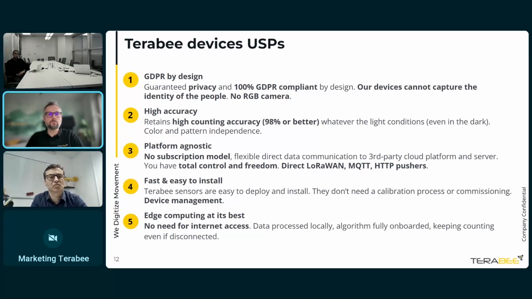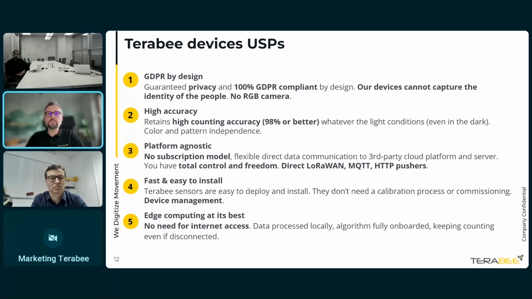So it means that we do not use any RGB cameras. Our devices cannot capture the identity of any people. We are using either the time of flight or the thermal. So basically, this is fully GDPR by design, meaning that there is no privacy issue on your side when you are installing the devices.